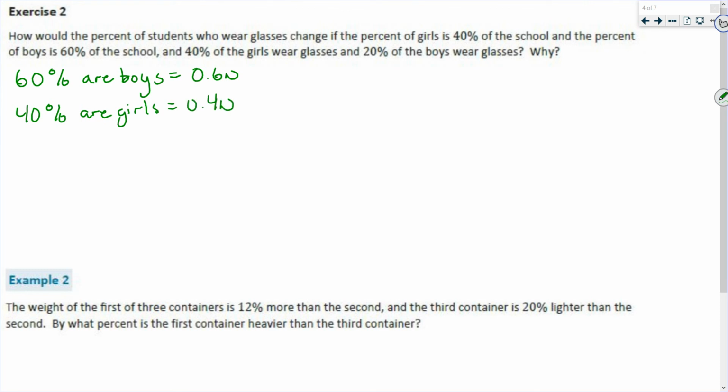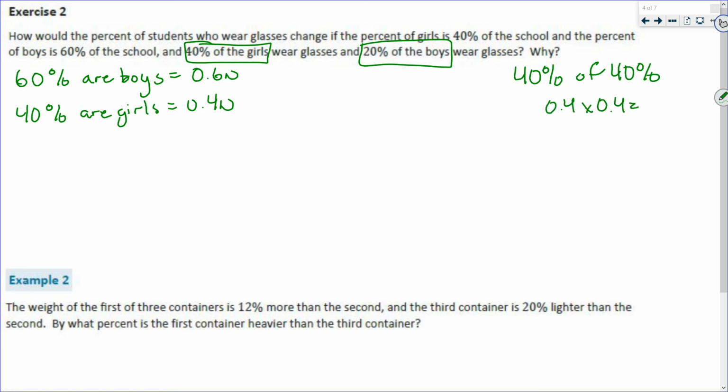Okay, so how would the percent of students who wear glasses change if the percent of girls is 40% of the school and the percent of boys is 60%? And this time, 40% of the girls wear glasses and 20% of the boys wear glasses. So we go back to our multiplication again. This time the girls are only 40% of the population, so 40% of 40% is 0.4 times 0.4, which gives me 0.16n.